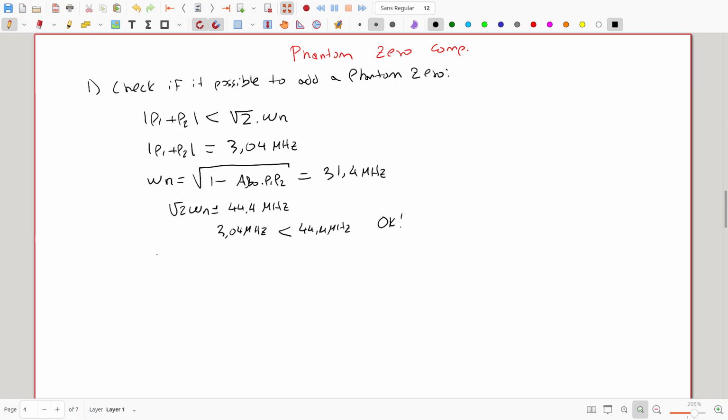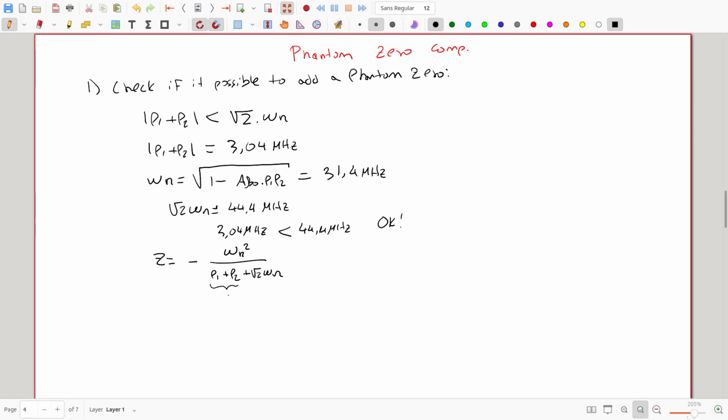Then where to put the zero? We have an expression for the zero in the case there is a two-pole system, and that is the zero will be located at omega n square root of 2 omega n over P1 plus P2 plus square root of 2 omega n. And remember that these are negative values.